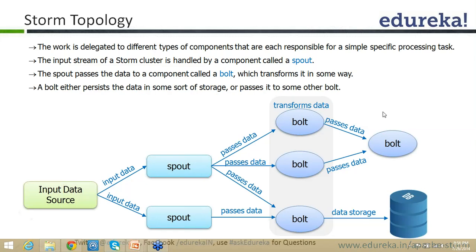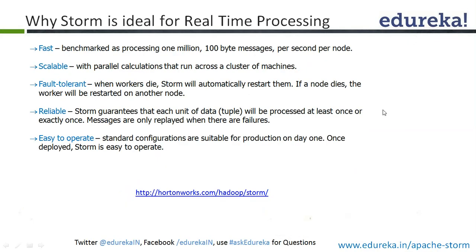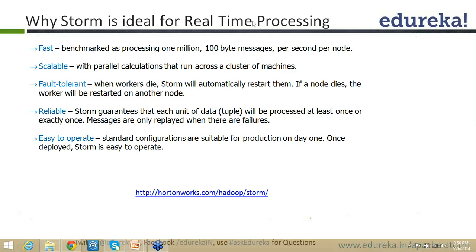Great. Believe me, this is a very high level explanation that I've just given. Okay. So can I assume that each bolt resides in each node? Yes. For the sake of simplicity, at this point of time, there's no harm. Okay.